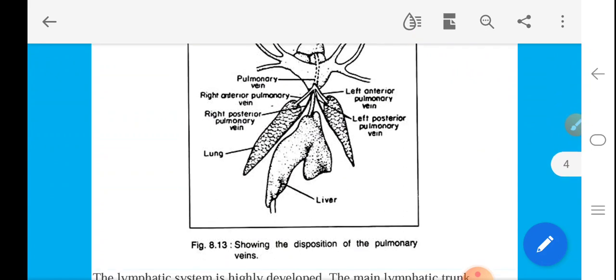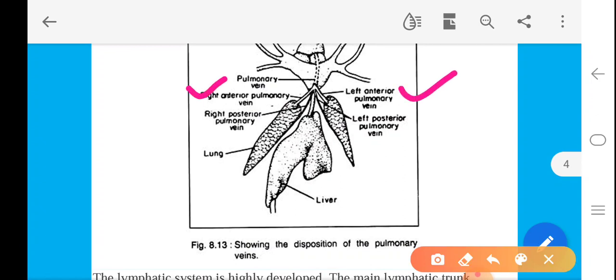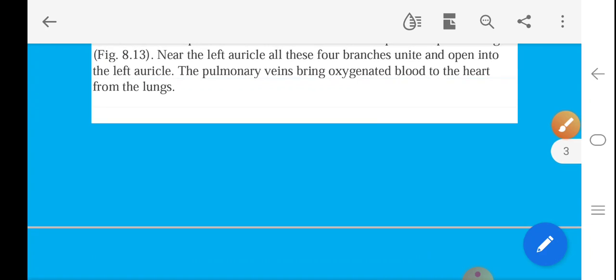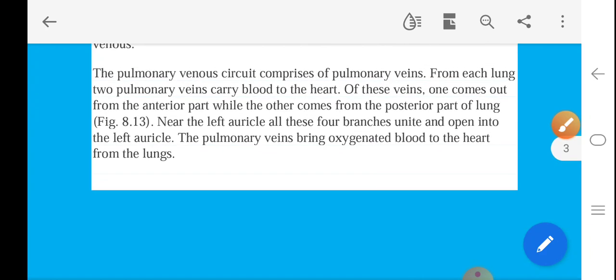Right anterior pulmonary and left anterior pulmonary veins, and right posterior pulmonary veins and left posterior pulmonary veins join and pour their blood into the postcavals, which pour their blood into the left auricle.